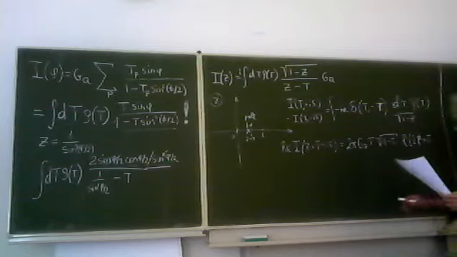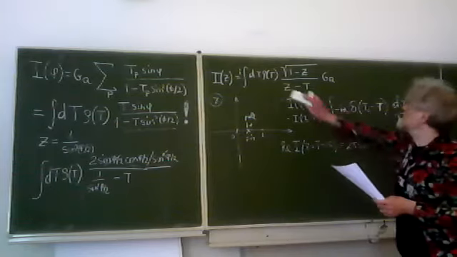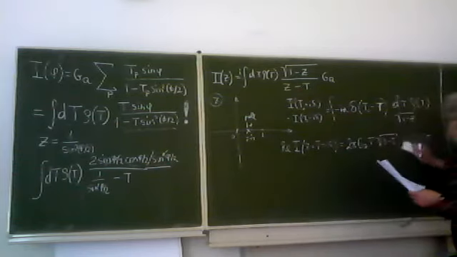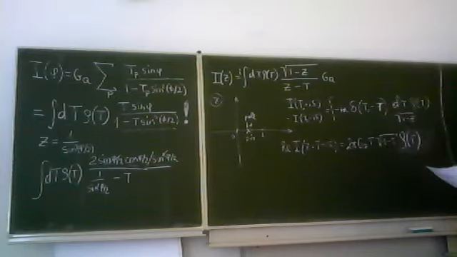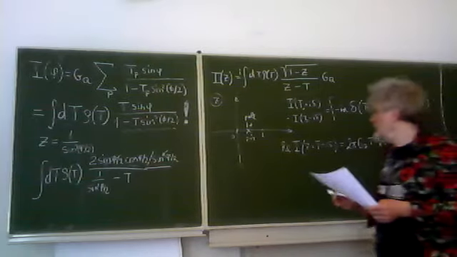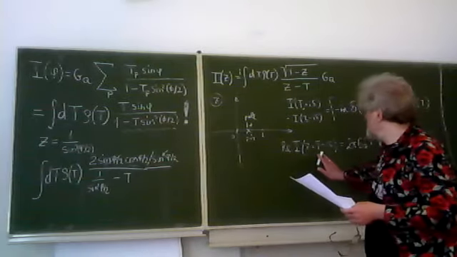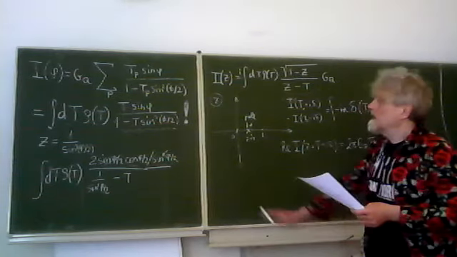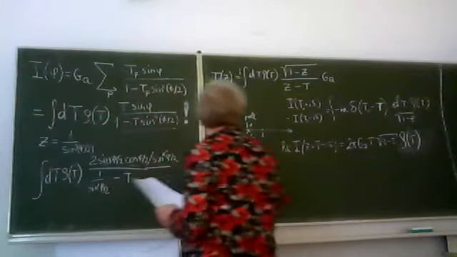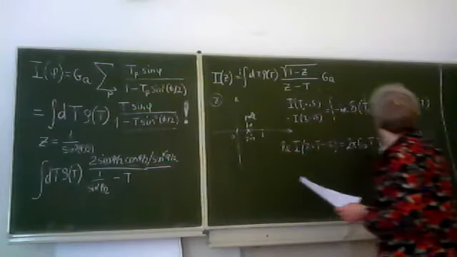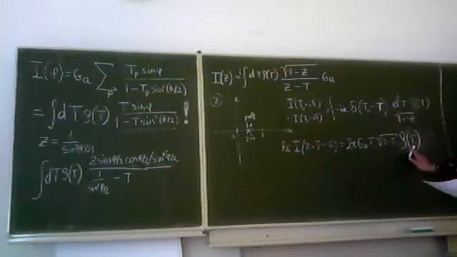No, sorry. I meant to take delta function, so it is rho of t. Okay, we did it. If we are able to continue analytically this function to these values, we know what rho of t is.